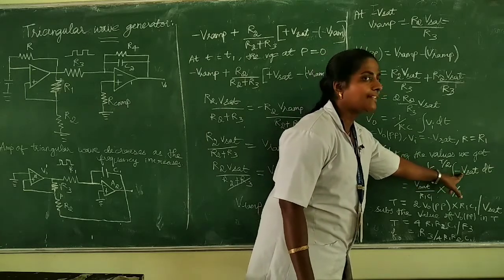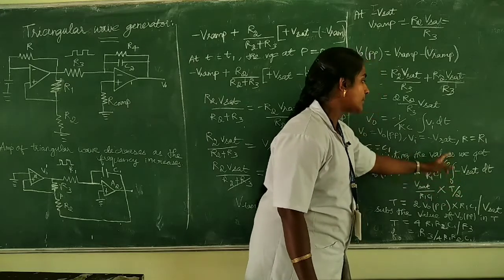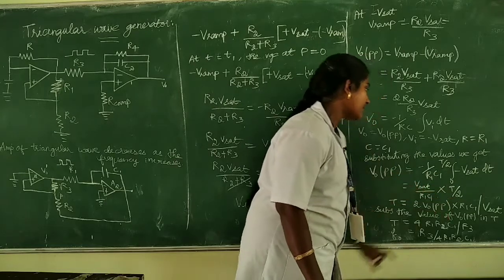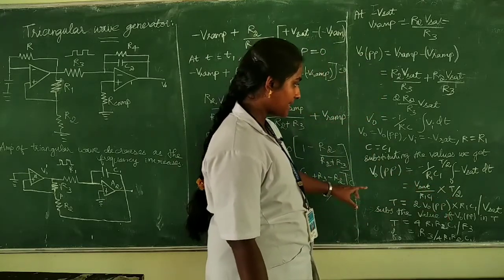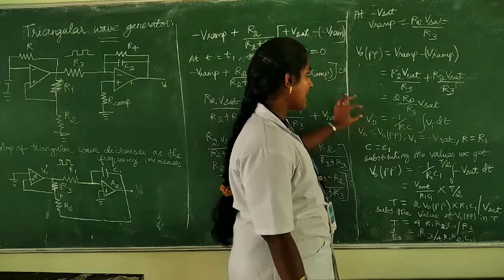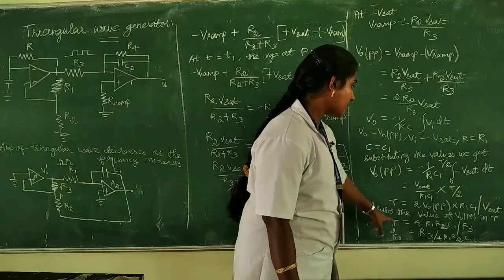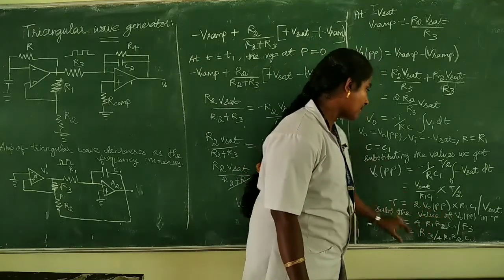On integrating 1 into dt you will get T. When you substitute the limits, you will get T by 2. Now you can substitute the value of T in V naught.